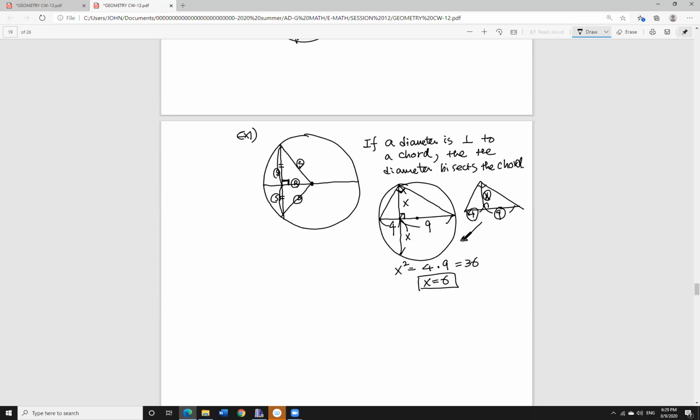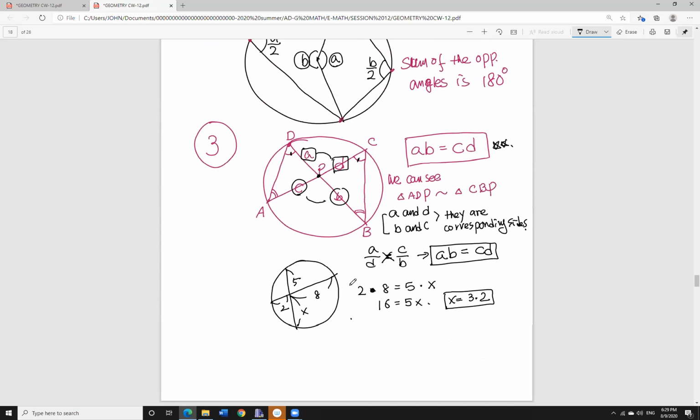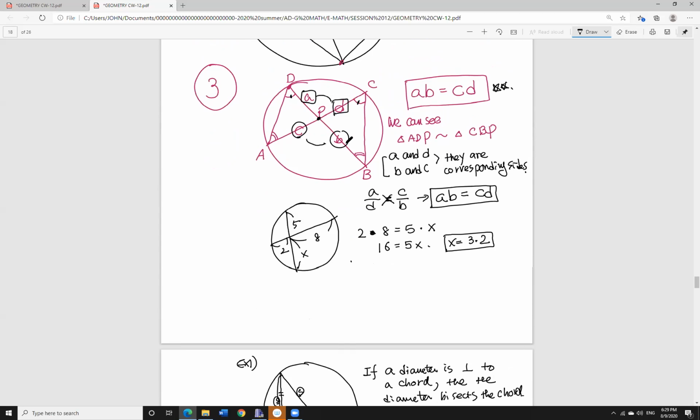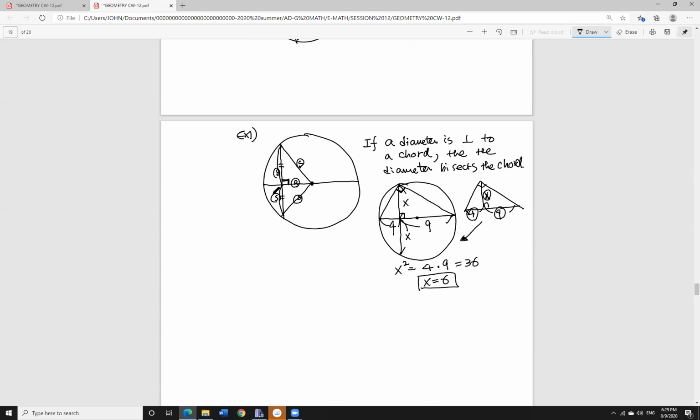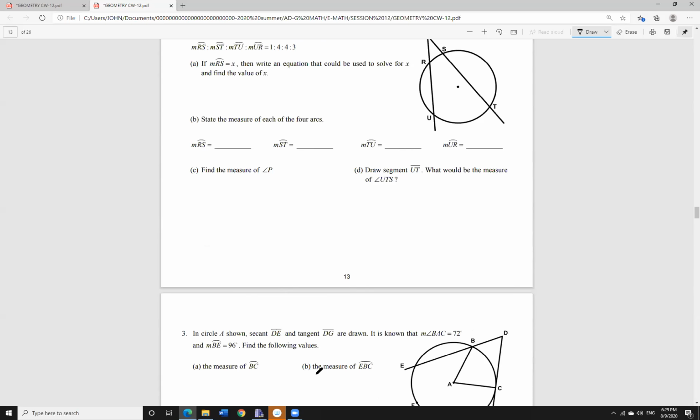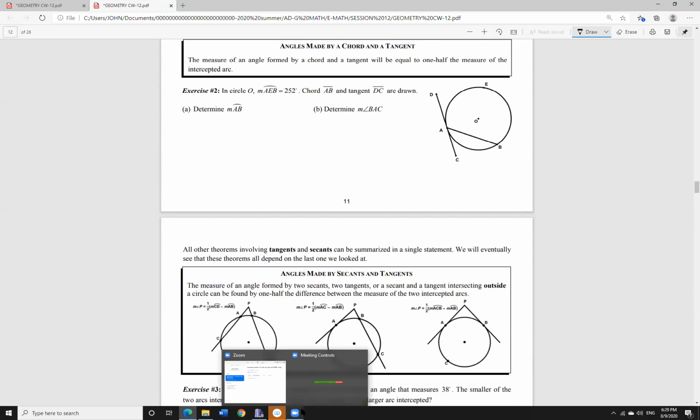That's all. Very simple. When we have intersecting lines in a circle, we always use this formula, A times B equals C times D. This is a very special case. This is A, where is B? Same length, the other side. That's it. Now we're going to have some more practice on intersecting lines.